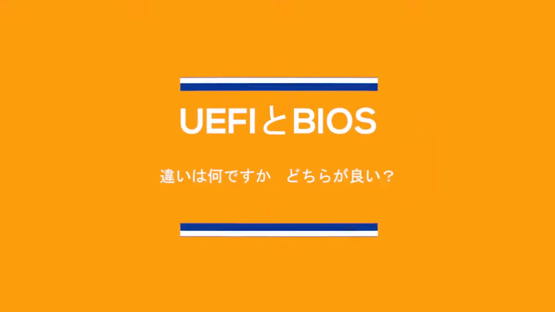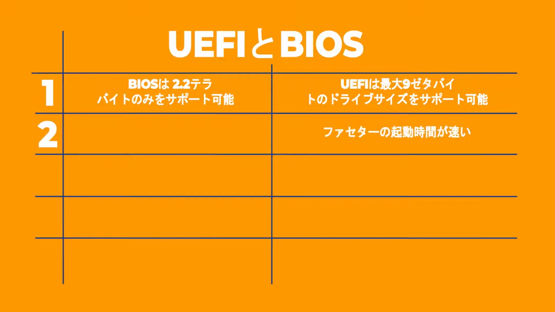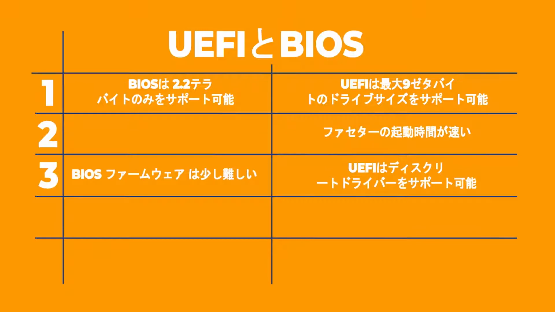What is the difference between UEFI and BIOS? Which is better? UEFI supports drive sizes up to 9 zettabytes, whereas BIOS only supports 2.2 terabytes. UEFI provides faster boot time. UEFI has discrete driver support, while BIOS has drive support stored in its ROM, so updating BIOS firmware is a bit difficult.